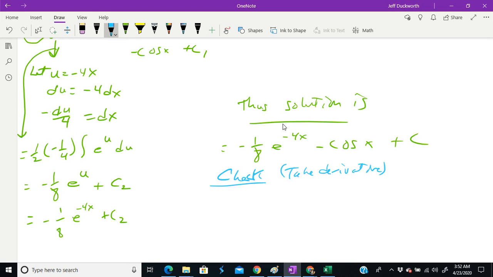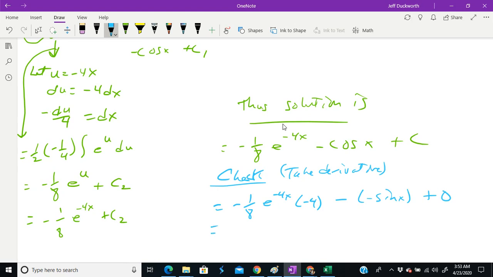All right, so we have the negative 1/8, and the derivative of e to the negative 4x is just e to the negative 4x times our natural chain rule, which is going to be just negative 4. So that's the derivative of our first part. And then derivative of cosine is negative sine, so negative sine, and the derivative of c is 0.